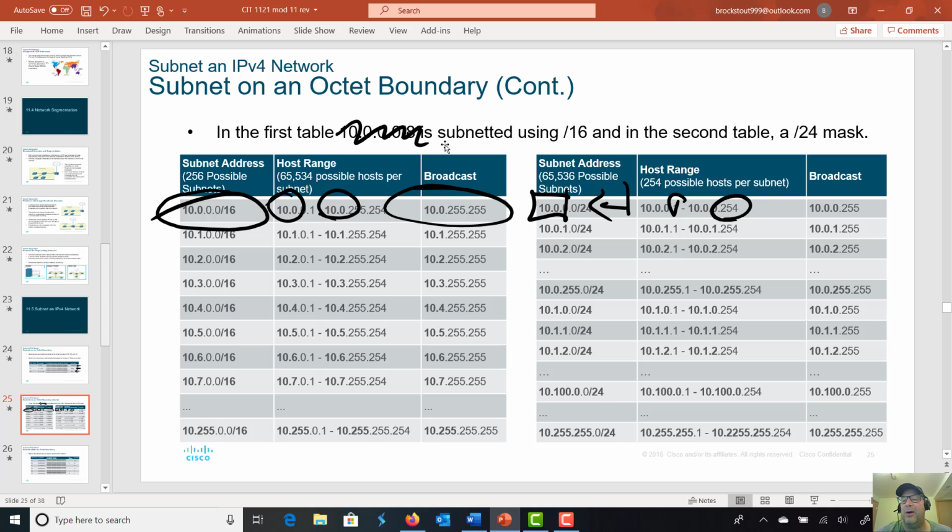So these are now only 256 total addresses big. 10.0.0.0 would be the network ID. 10.0.0.255 would be the broadcast ID. And anything 10.0.0.1, 10.0.0.2, 10.0.0.3, and so on, all the way up to 10.0.0.254, those numbers would all be for unicast host values. So keep that in mind.